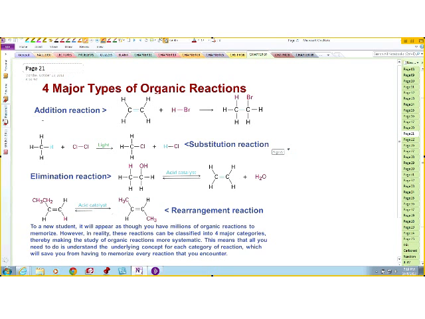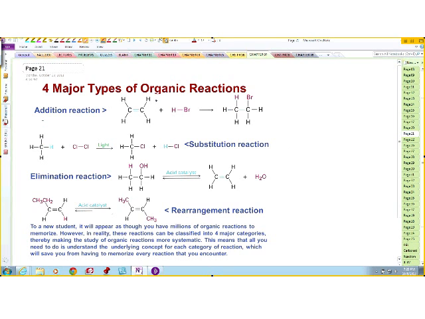Even though organic chemistry involves a lot of chemical reactions, most of the reactions actually come under a few categories, just as you see in this particular slide. So you have 4 major types of organic reactions, and most of the reactions that we encounter, we could categorize under one of these.